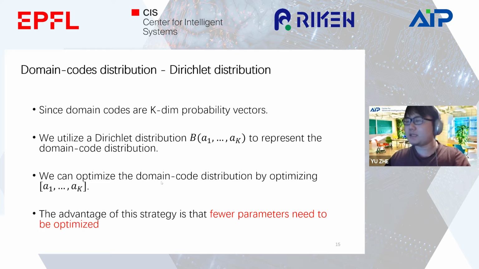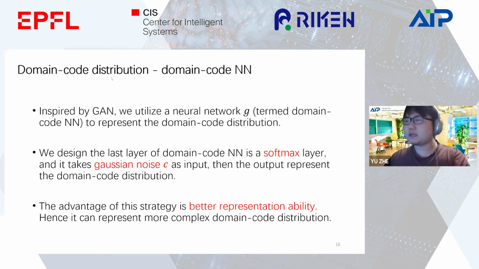Then we can optimize the domain code distributions by optimizing alpha 1 to alpha K to find the worst case distributions. The advantage of this strategy is that fewer parameters need to be optimized, because here the large K is the number of domains. In domain generalization settings, usually K is less than 100, which means there are very few parameters we need to optimize. And the second strategy is using a neural network, termed the domain code NN, to represent the domain code distributions.